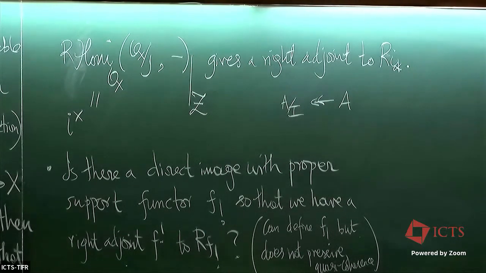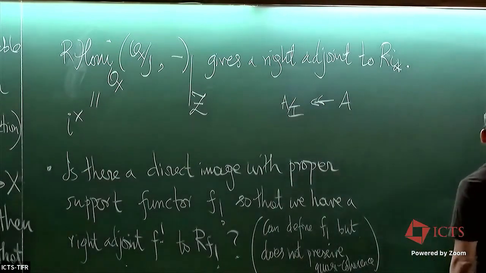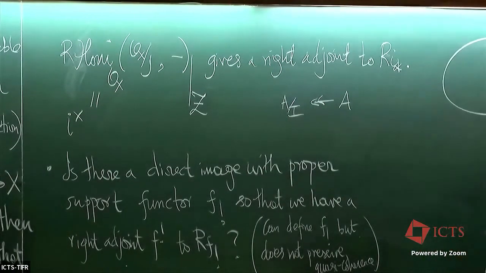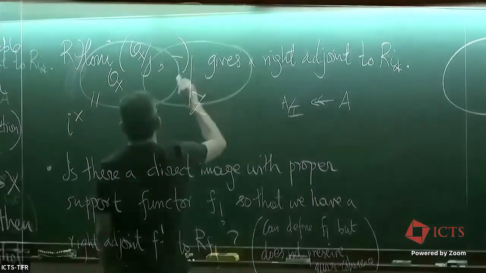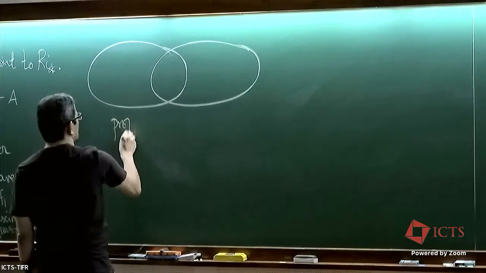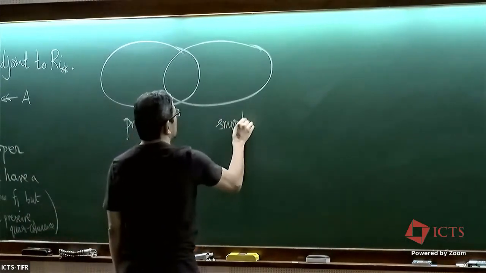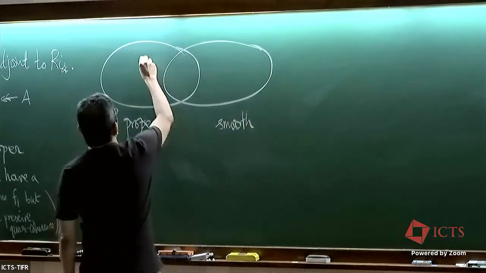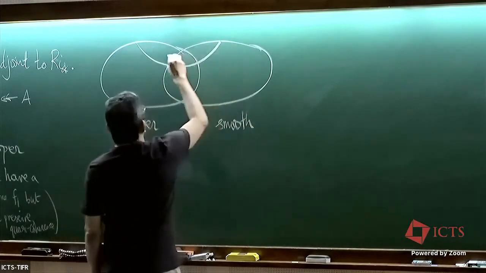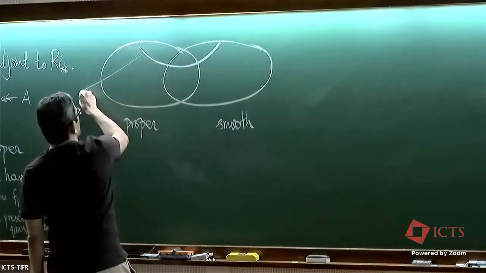So just to summarize the picture, this is a meaningless picture, but okay. Think of this as proper maps, and think of this as smooth maps, and then think of these as, okay, I guess I'm not supposed to write up there.